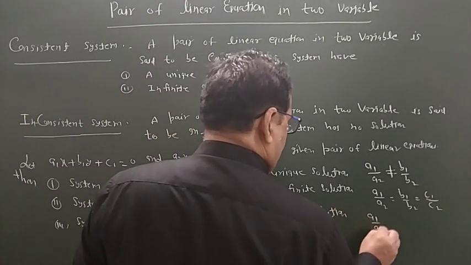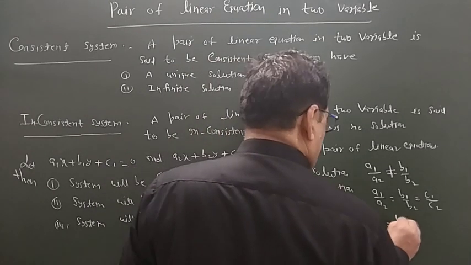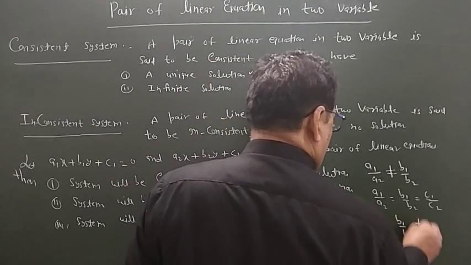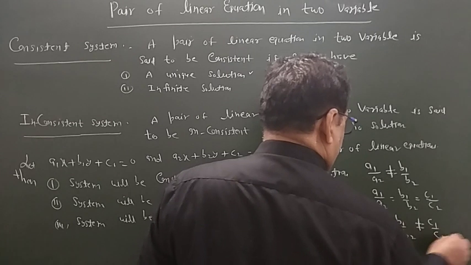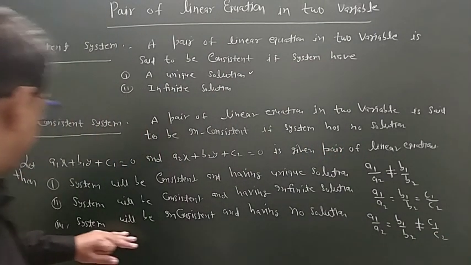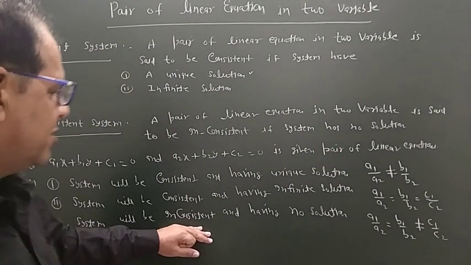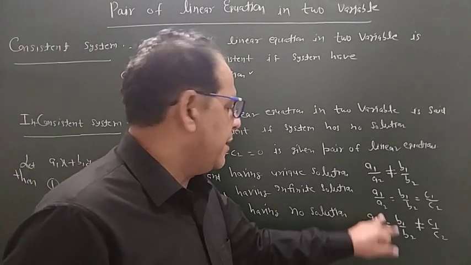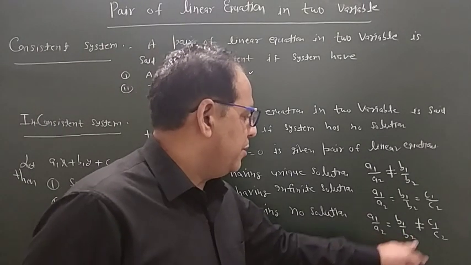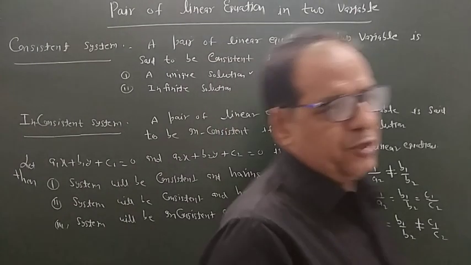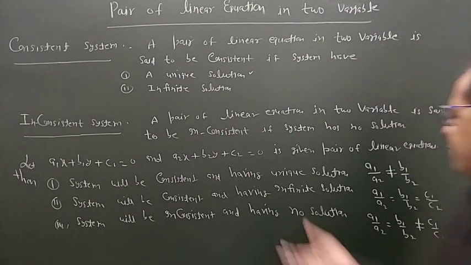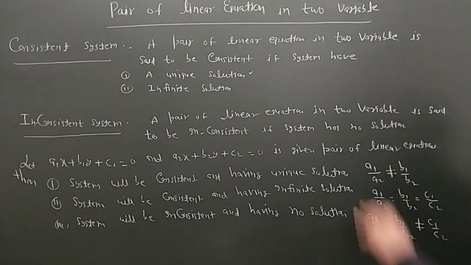A1 upon A2 equal to B1 upon B2 not equal to C1 upon C2. If the system is inconsistent, then the condition is that A1 upon A2 equal to B1 upon B2 not equal to C1 upon C2. So this is the theoretical representation.